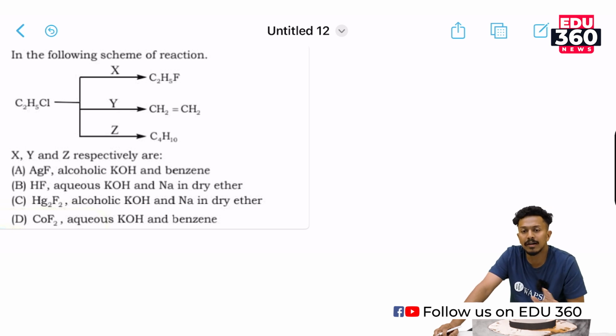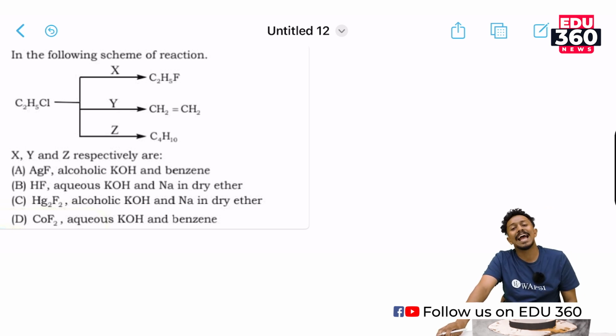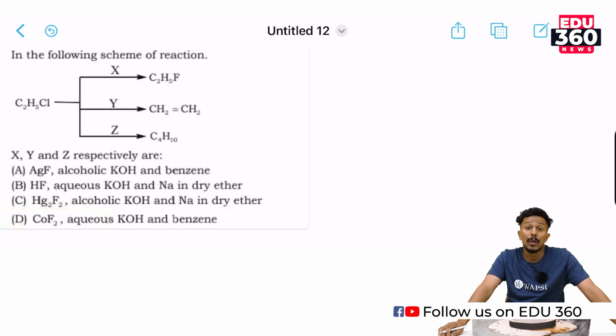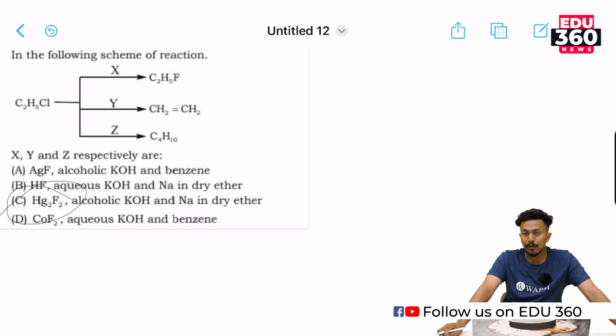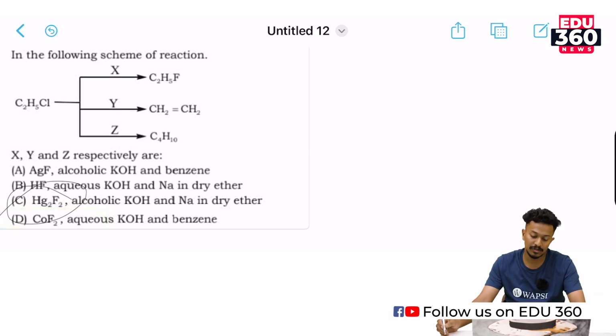Well, when an alkyl chloride is treated with mercury fluoride, we get a fluoroalkyl compound, so it might be Hg2F2. When an alkyl chloride is treated with alcoholic KOH, we get ethene, the double bond structure.